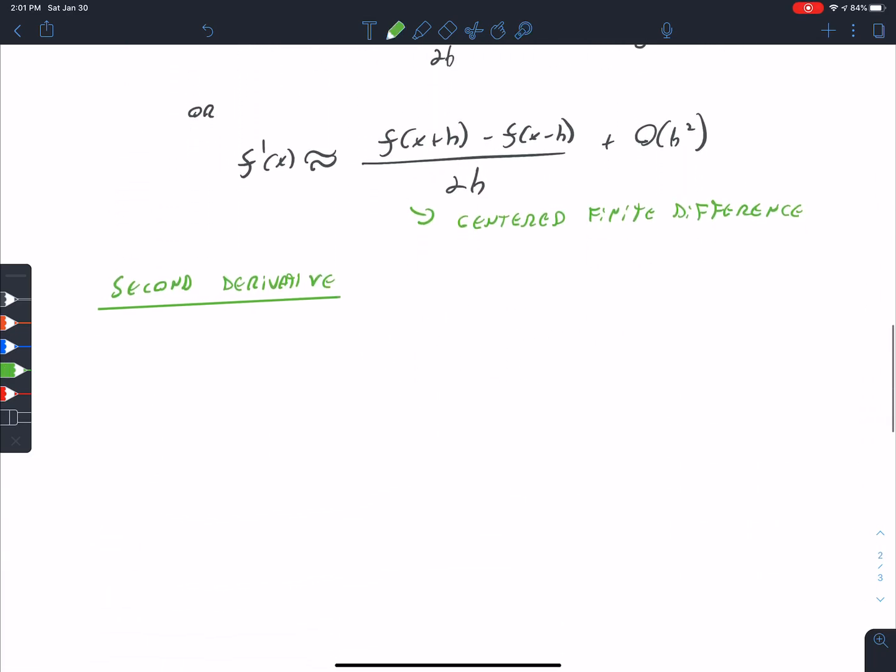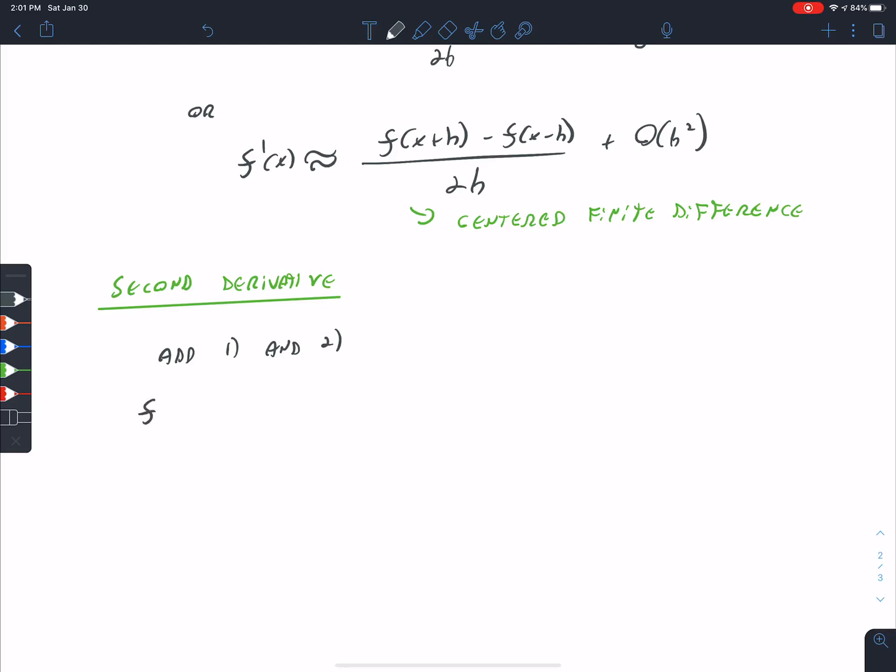So if we do all of that, which I just said, we do this, so we add 1 and 2, right? We add the forward Taylor series to the backward Taylor series.